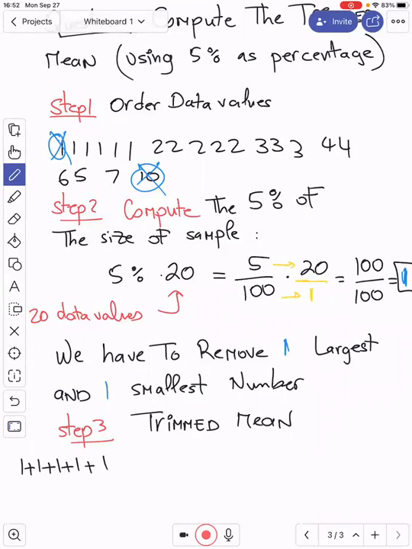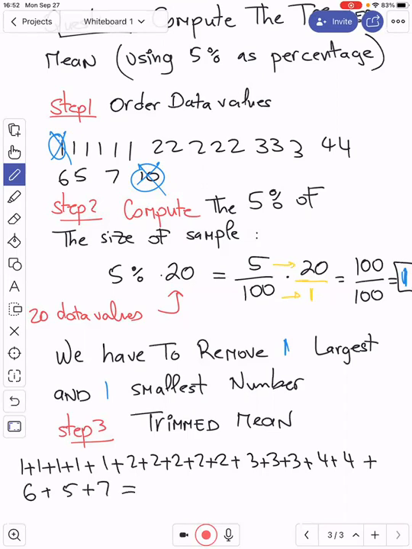I have 5 2s, 3 3s, 2 4s, plus 1 6, plus 1 5, plus 1 7, right? Not the 10, of course, because it's removed. Now just use a calculator, and if I'm not mistaken, this whole sum here would be 50. That's the sum of my data values.